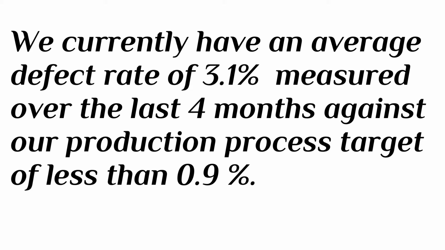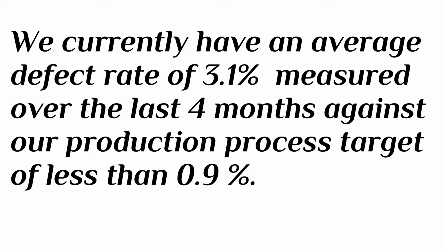Against our production process target of less than 0.9%. So his pain area is that against the target of less than 0.9%, the current defect rate is 3.1% on an average. So this is the pain. Now forget about the linkage with the management objective.